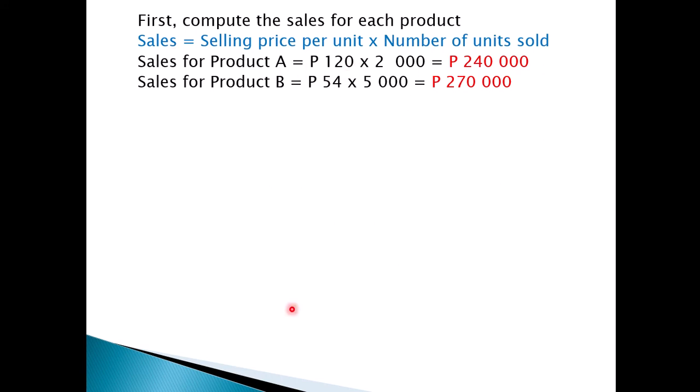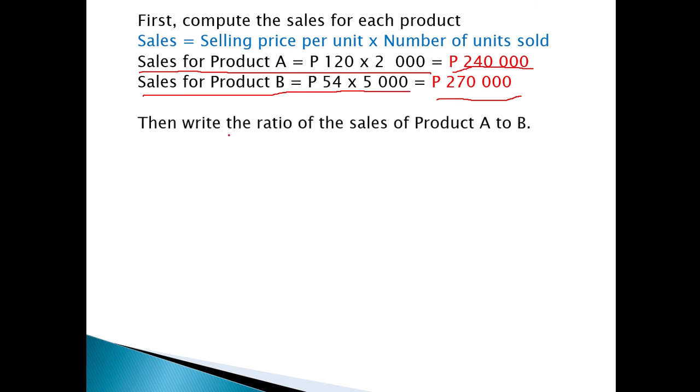For product A, as you can see there, sales for product A is 120 pesos times 2,000 for the number of units sold, which is equal to 240,000 pesos. And then sales for product B will be 54 times 5,000 pesos, and that's equal to 270,000 pesos. To solve that accurately, you may use your calculators again.